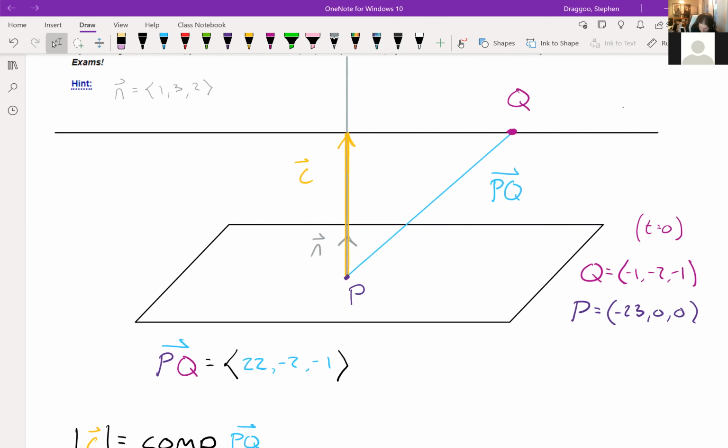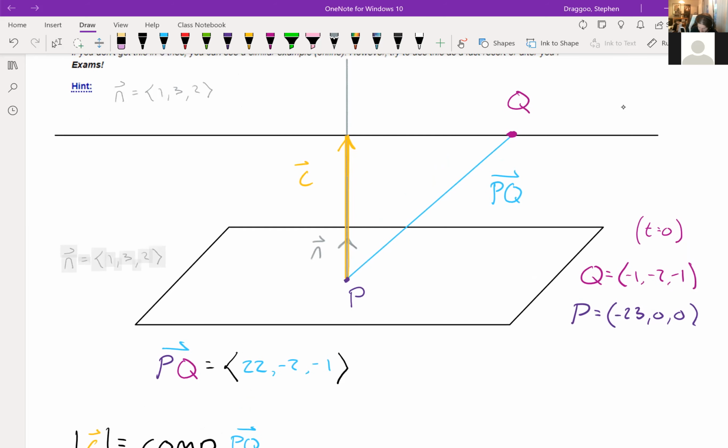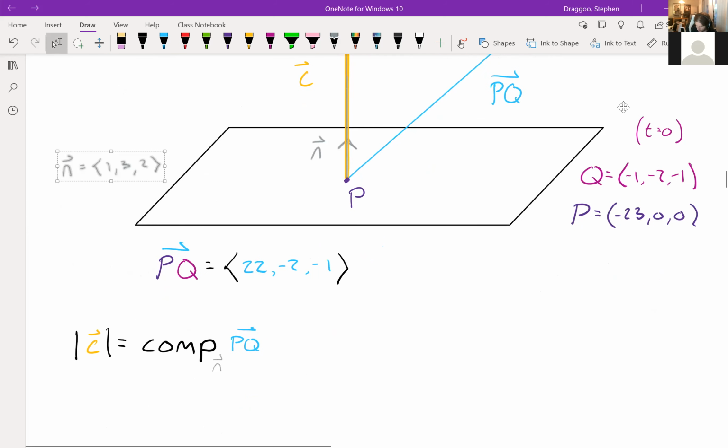And let me just grab our normal vector that's up there, slide it down a little bit so that it's still on screen.